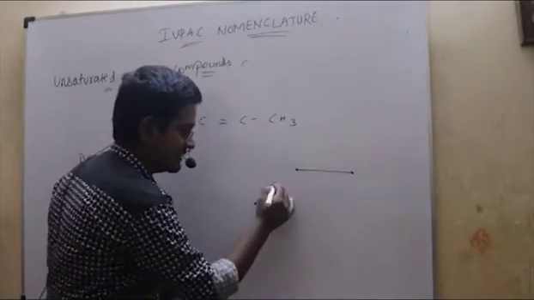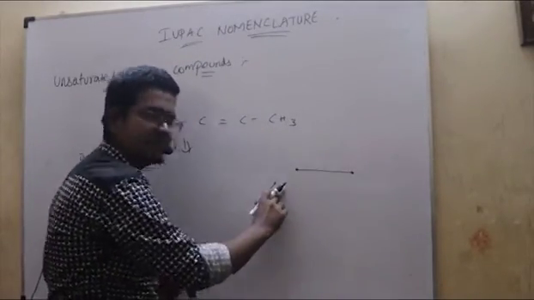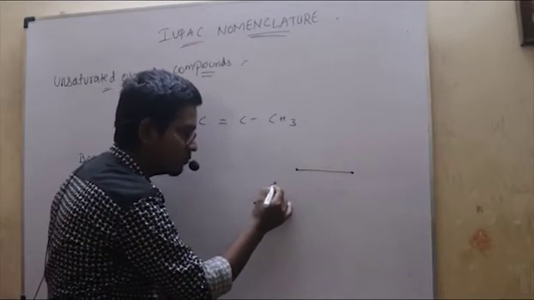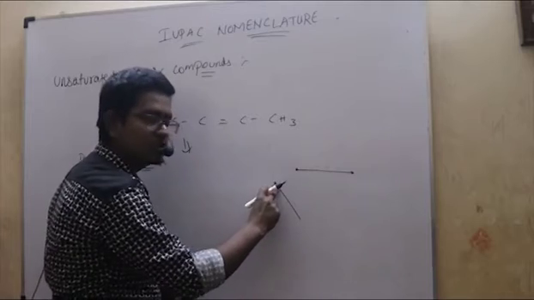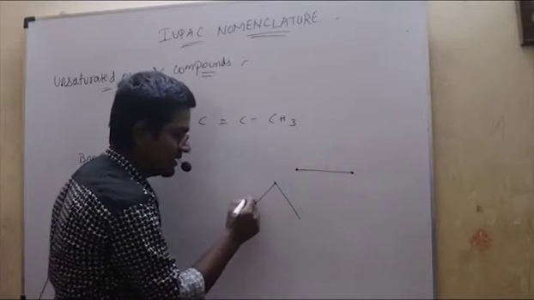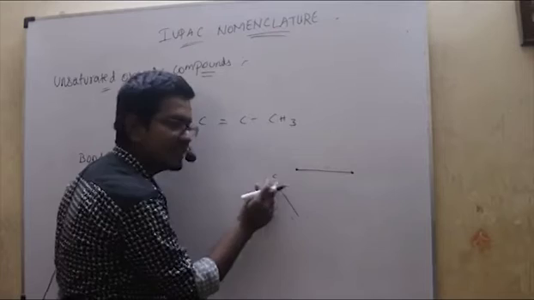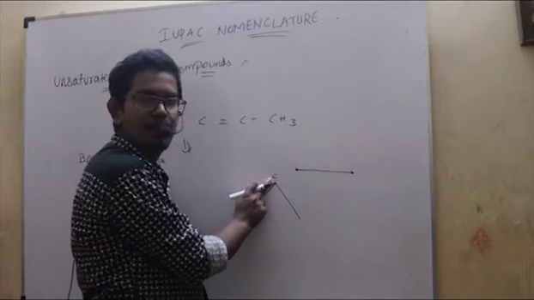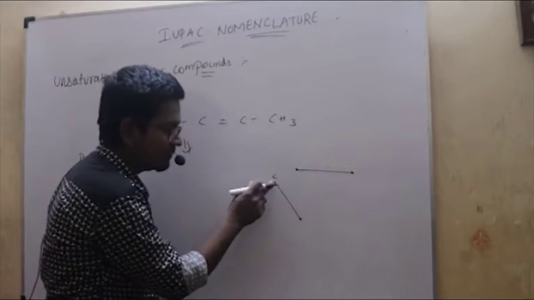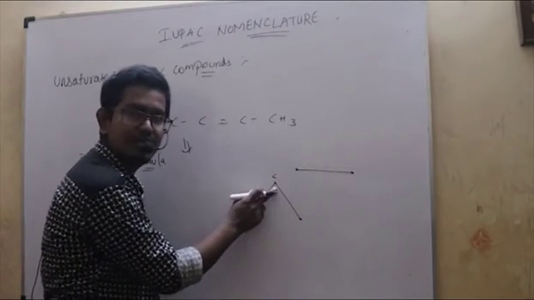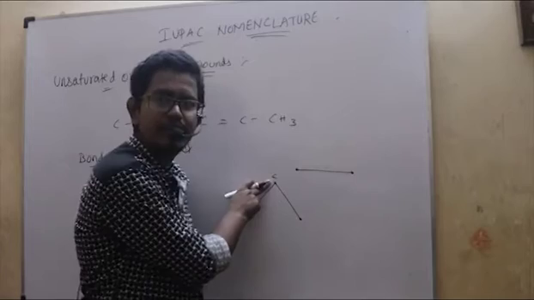If I am writing like this, I am connecting one more line from here. And as you know, these two ends represent carbon, here it is representing the carbon, here it is representing the carbon. Now here one more end is there. When I draw the line, both the ends are joining at a single point.